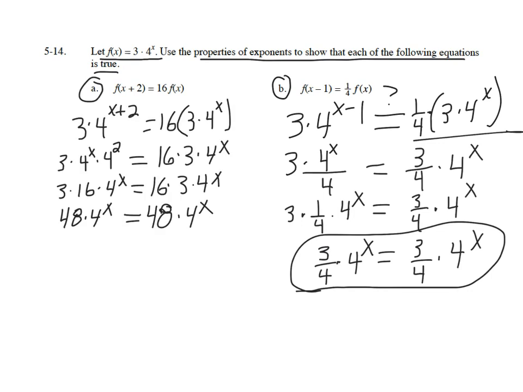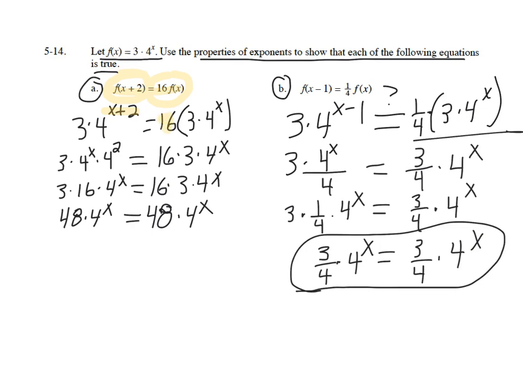Okay, welcome back. So f of x plus 2 equaling 16 times f of x. On the left side, that's going to be 3 times 4 to the x plus 2. On the right side, that's going to be 16 times 3 times 4 to the x.